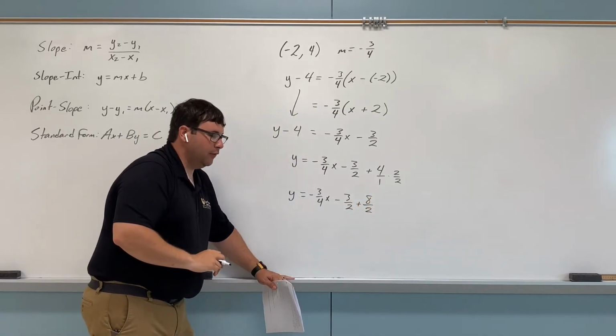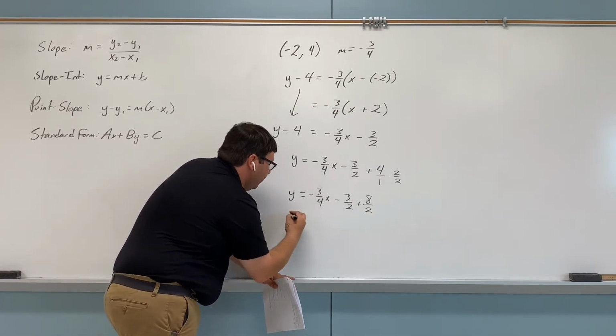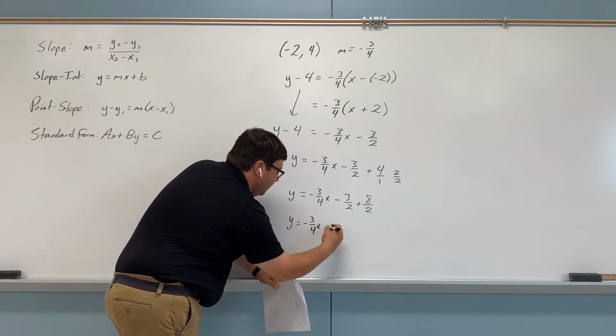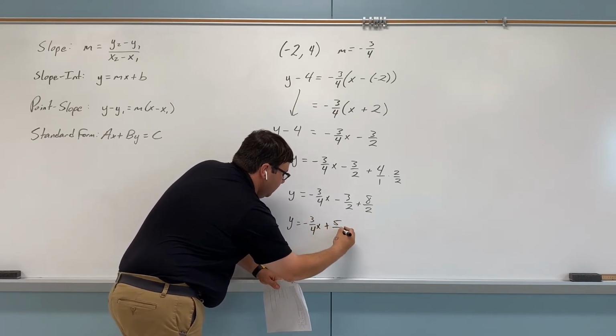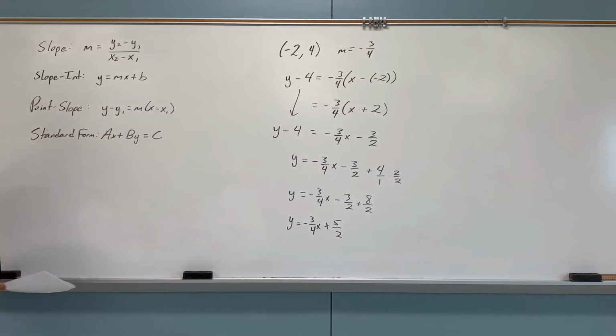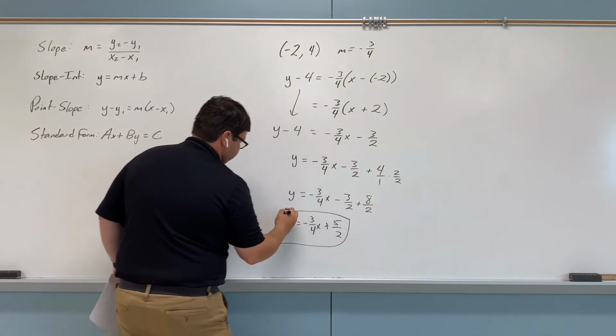You'd have 8/2, which is what you're officially adding over. Combine these like terms. And you get y is equal to negative 3/4 x plus 5 halves. And that would be your equation.